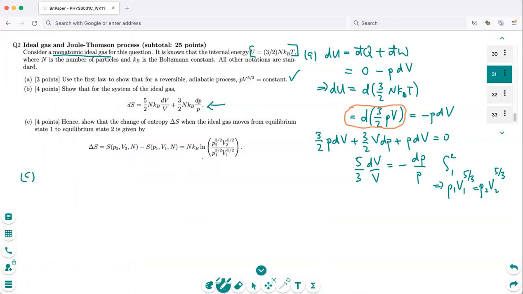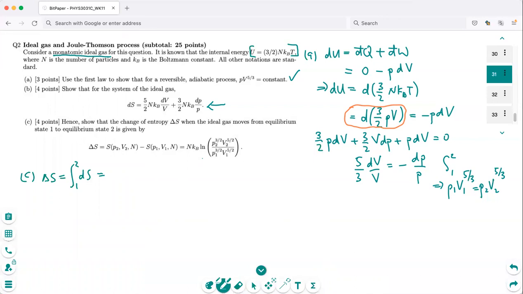Okay, so that is actually you can do it even without getting your B. Okay, so you take delta S, and that is from 1 to 2 dS. Okay, and delta S is defined like this.